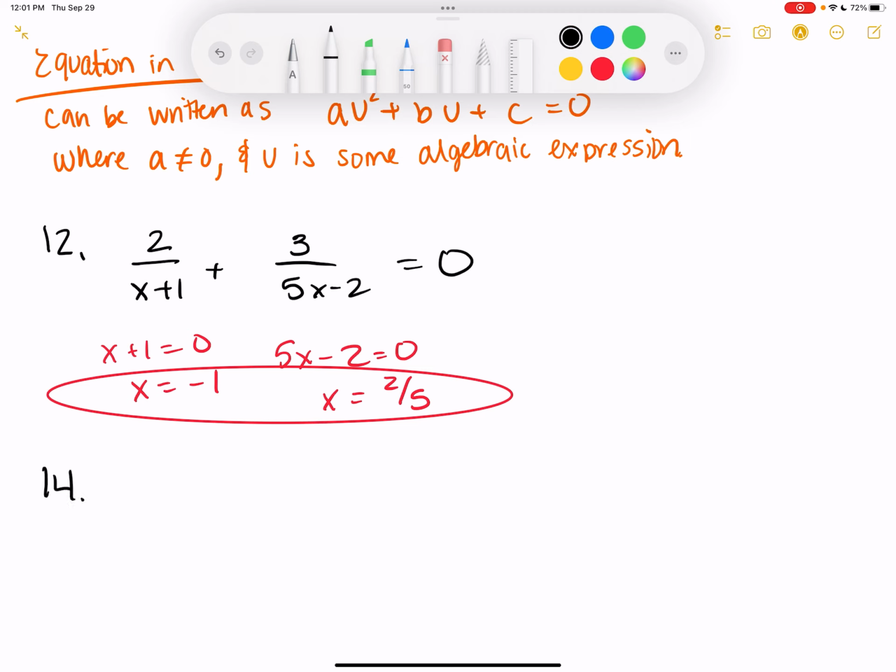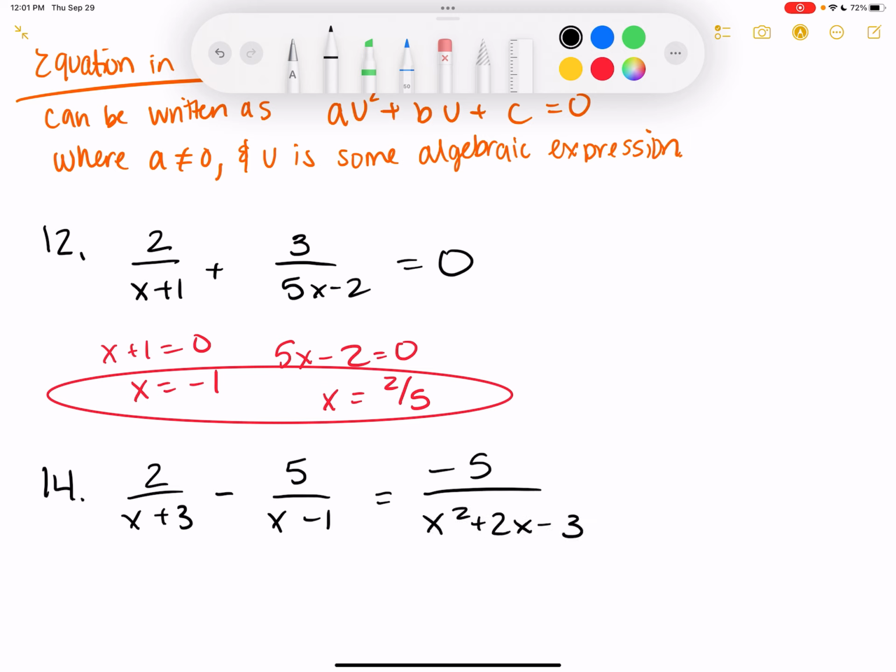Number 14: 2 over x plus 3 minus 5 over x minus 1 equals -5 over x squared plus 2x minus 3. Again, the denominators can't be 0, so that's all I'm concerned about. So I set the denominators equal to 0: x plus 3 equals 0, x minus 1 equals 0.